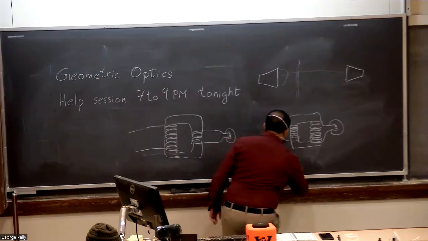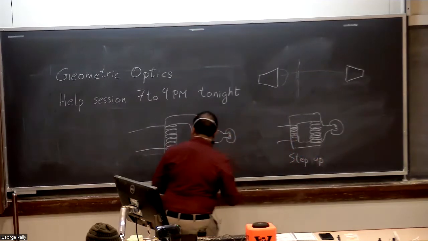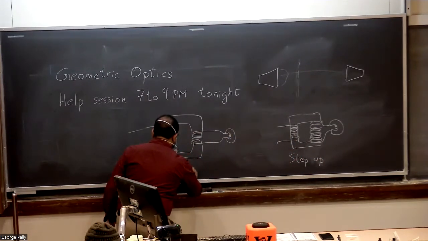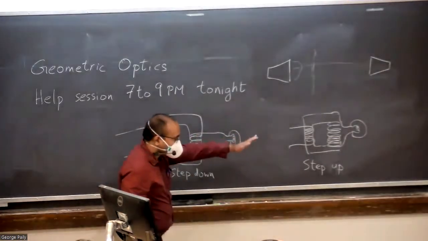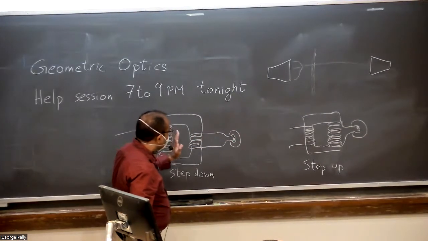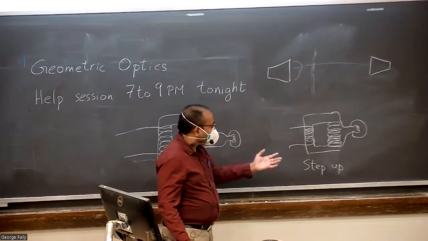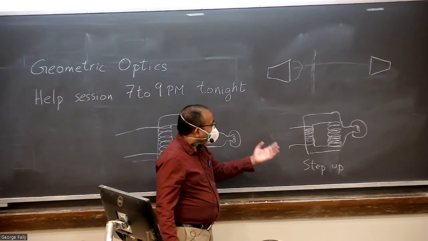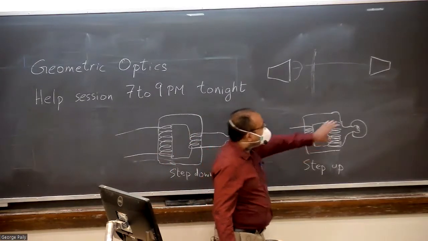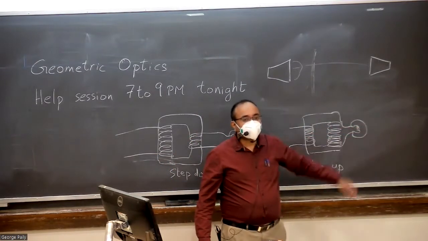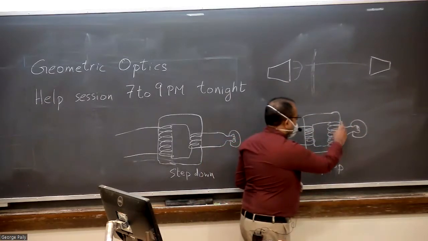It's true that for an ideal transformer, the power that goes into the primary coil will come out of the secondary coil. And we were close enough to ideal that that wasn't the issue. The issue rather is that how much power goes into the primary coil depends upon what is attached to the secondary coil. So it depends on the load, is what we say.